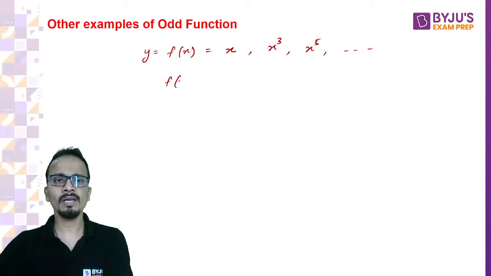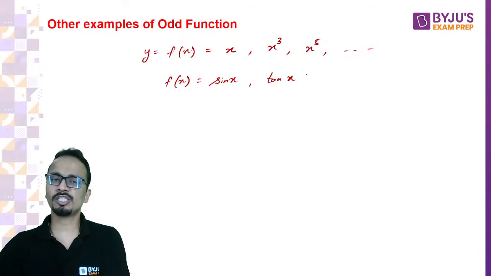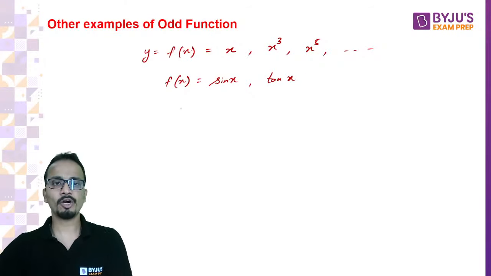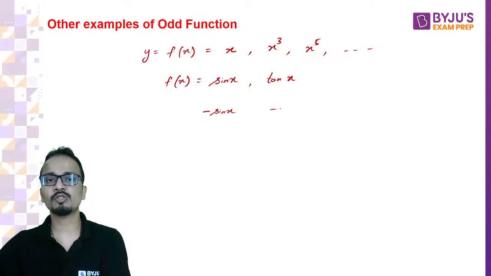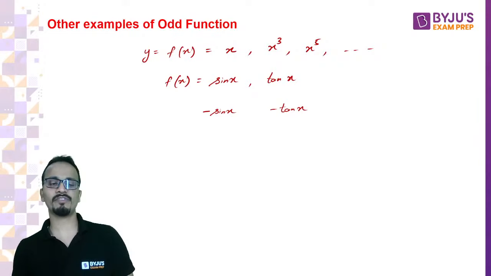Also, f of x equals sine of x and tan x, both these functions will again be odd functions, because sine of minus x will be minus sine x. Similarly, tan of minus x will be minus tan x. So these are other examples of odd functions.